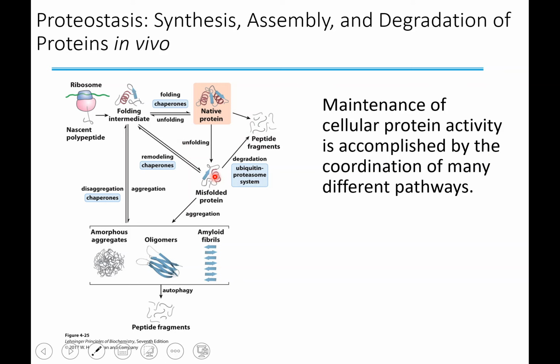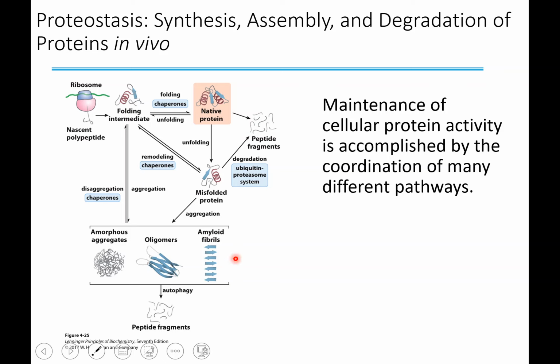If the misfolded protein happens in enough concentration, what you'll get is aggregation. Okay, so when misfolded proteins aggregate, you get what's known as amorphous aggregates, which would really just be kind of like a precipitation, oligomers, or amyloid fibrils.